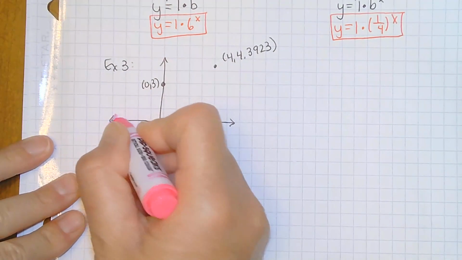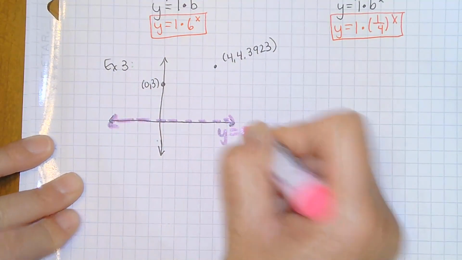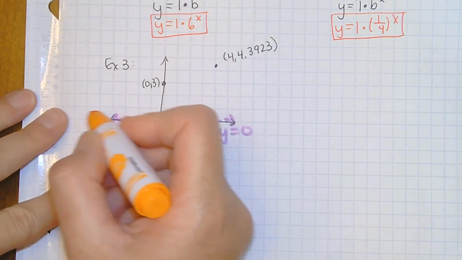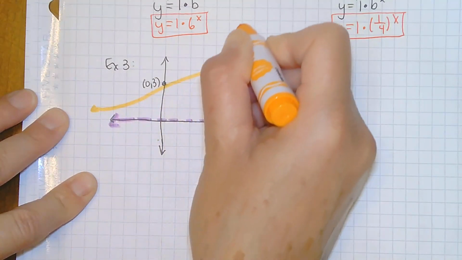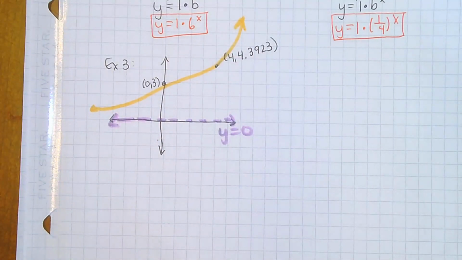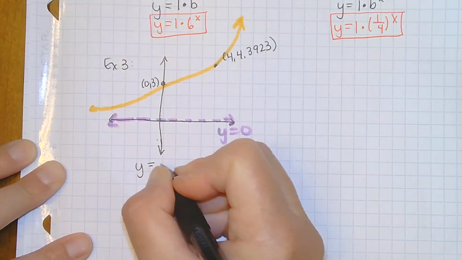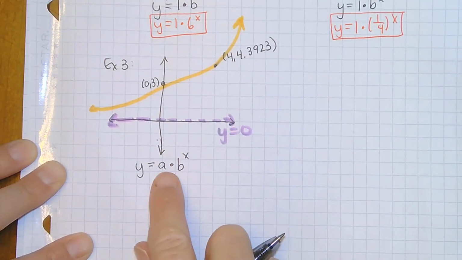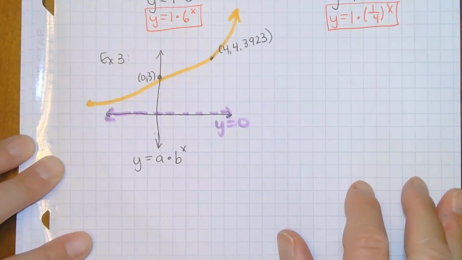And then we have our asymptote again at y equals 0. And let me graph my exponential. And this will also have an equation of the form y equal a times b to the power x, again where a is our start, our 0, and b is what we're multiplying by.